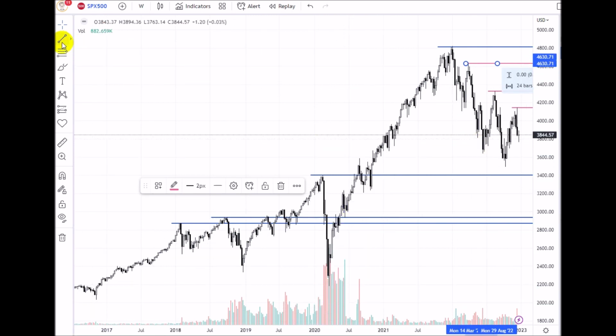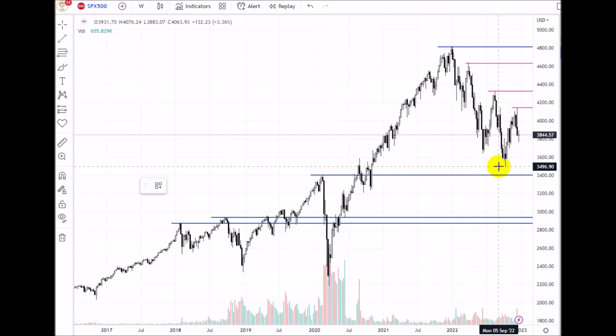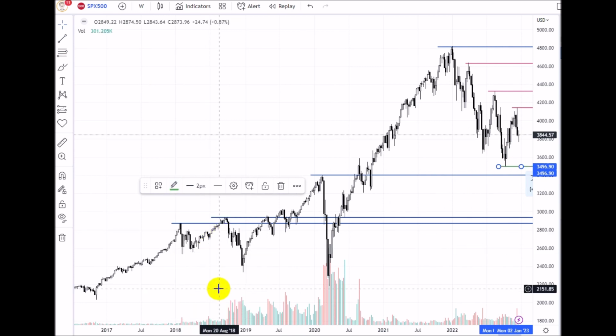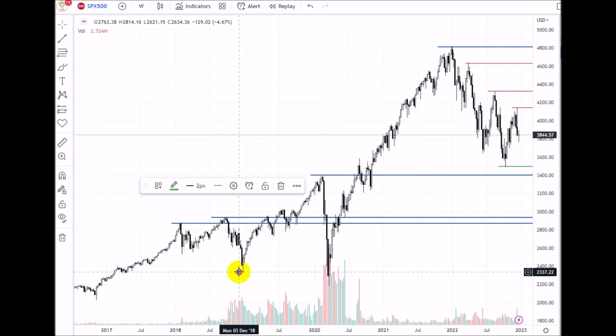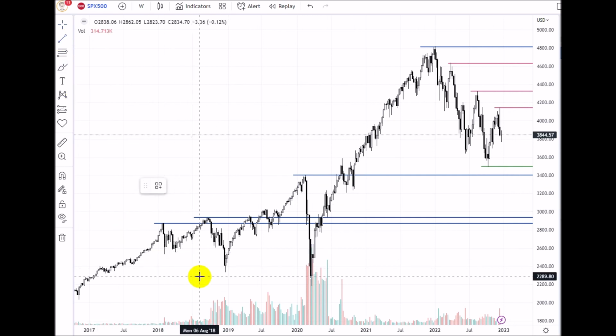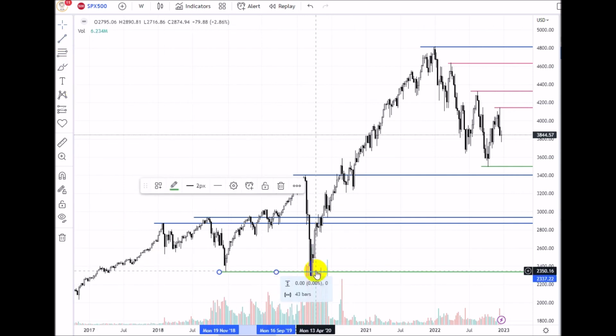So right now we have a unique standout low here, which has been breached. We have a unique standout low right here, which is the current low. I'll draw these in green as a support level. Then we have a unique standout low right here, which was briefly breached. And now understand that price can move below a unique low, just like we saw back over here.